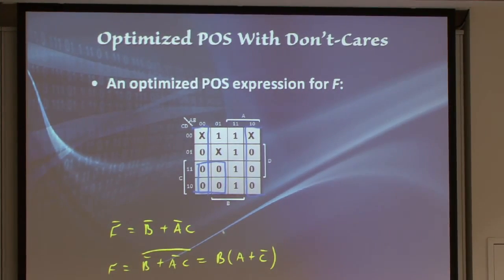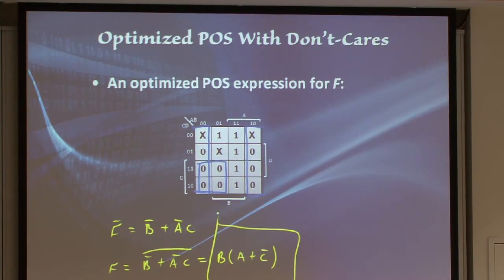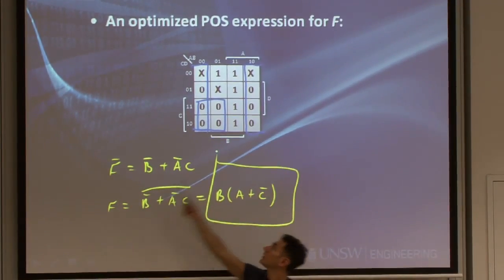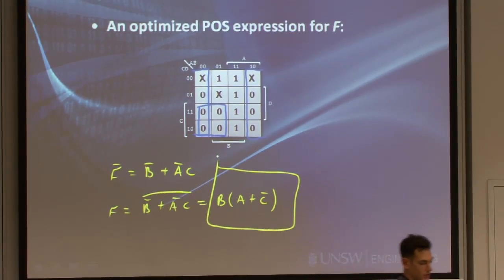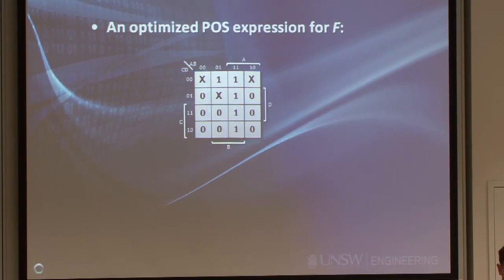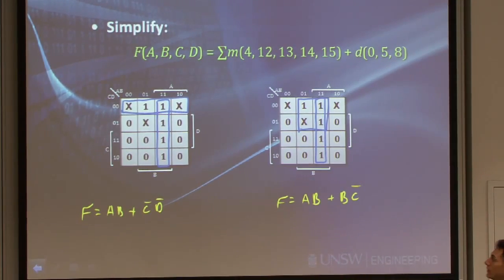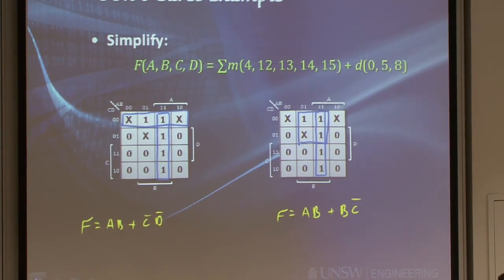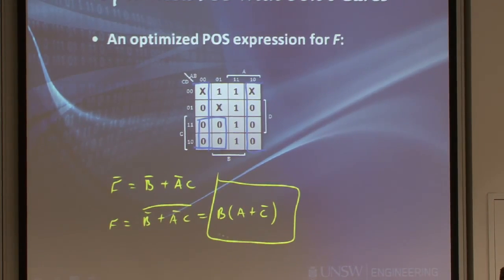Now if you take this function, we said this is a product of sums expression for f, which was given by this function here. And we said in the previous slide, we had the same function. And I'm trying to see whether this expression here is in fact equal to the expressions I got there.